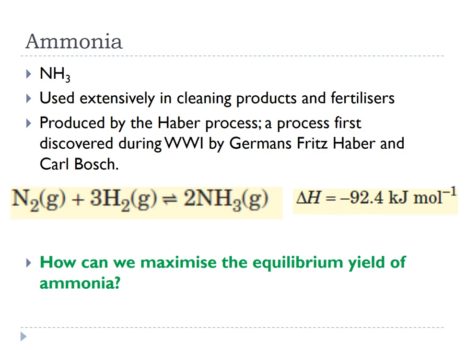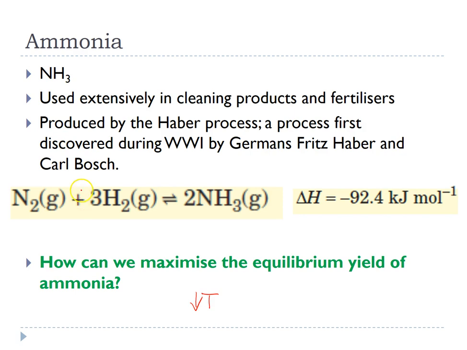So if we think about this, we know it's exothermic. We know it's a gaseous reaction, so there's a number of ways that we can maximize the equilibrium yield for this, which is to say by pushing the reaction to favor the products or favoring the right-hand side. It's exothermic, so we know that in order to increase Kc and push the reaction to the right, we want to decrease temperature.